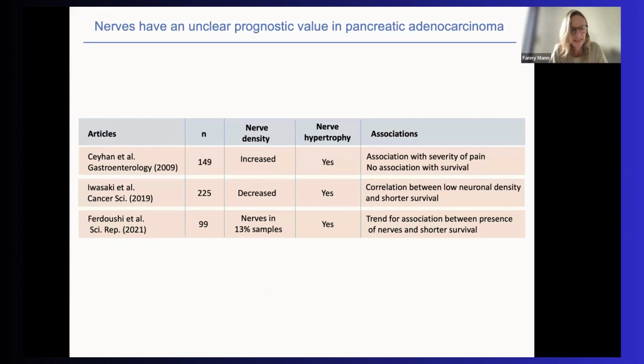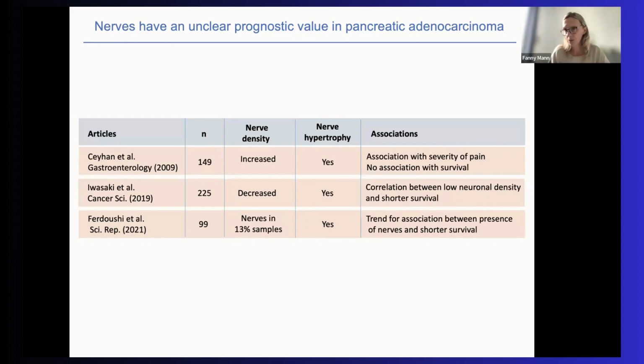And since then, 2 separate studies have reported a relationship between the presence of nerves in tumors and patient survival, but their findings are in fact contradictory. So it is clear now that pancreatic tumors are innervated.